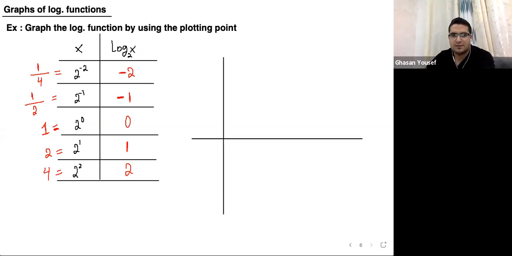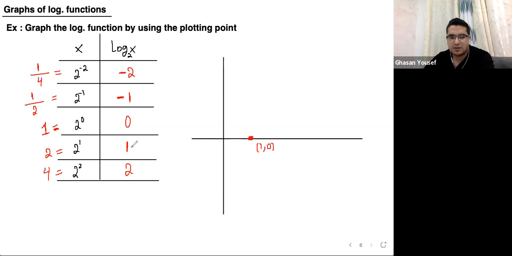The x coordinate is 1, and the y value is 0. So the ordered pair is 1, 0, and this point is 1, 0.